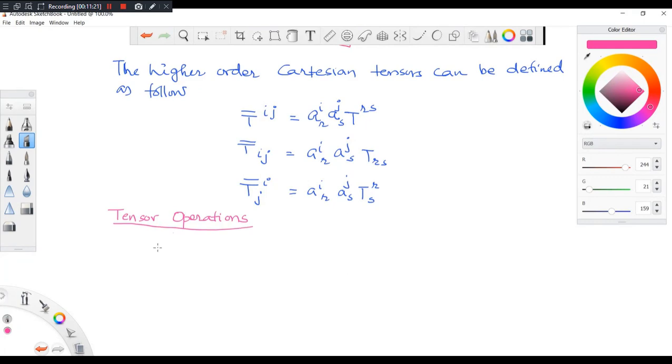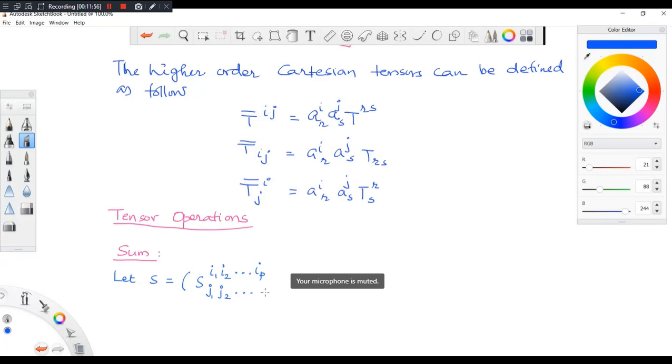So first one is the sum. How will you find out the sum of two tensors? Okay, so let me define the sum like this. Let S, this is a tensor and whose components I denote by S of I1, I2, etc. IP, and here it is J1, J2, etc. JQ.